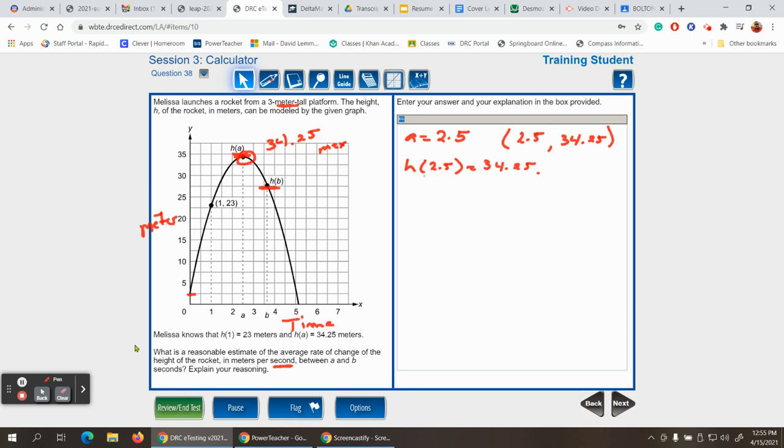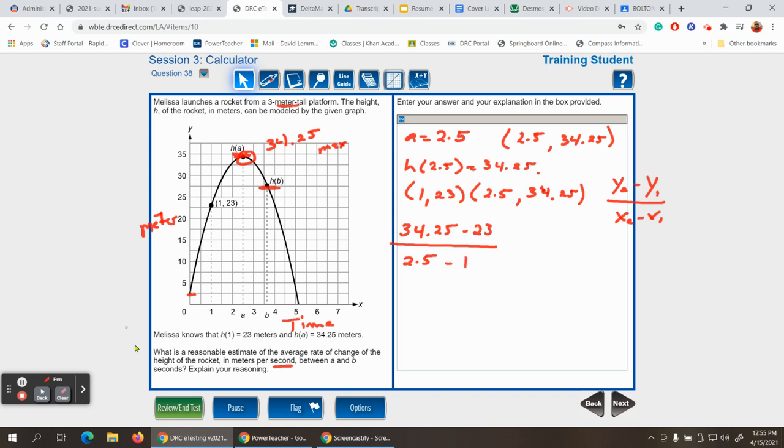So we'll say my rate of change in between 1 and 23 and 2.5, 34.25. My rate of change is y2 minus y1 over x2 minus x1. This is something you should know. So I'm going to say 34.25 minus 23 over 2.5 minus 1.